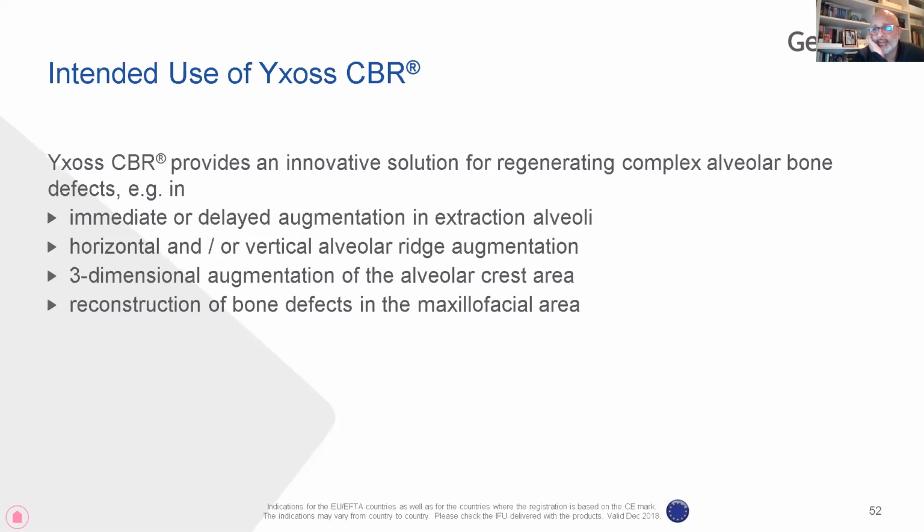You do get dehiscence. The fact that the one we're using is permeable, I like to cover this as well with a membrane, which allows you some leeway. It's three-dimensional augmentation and reconstruction of bone defects.